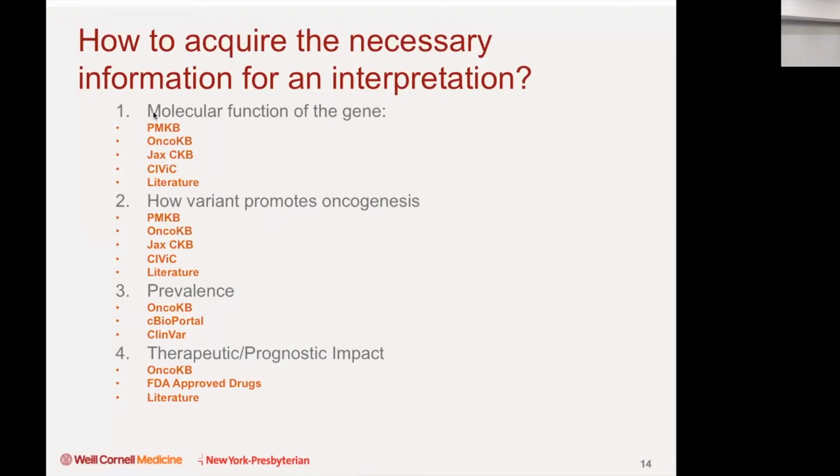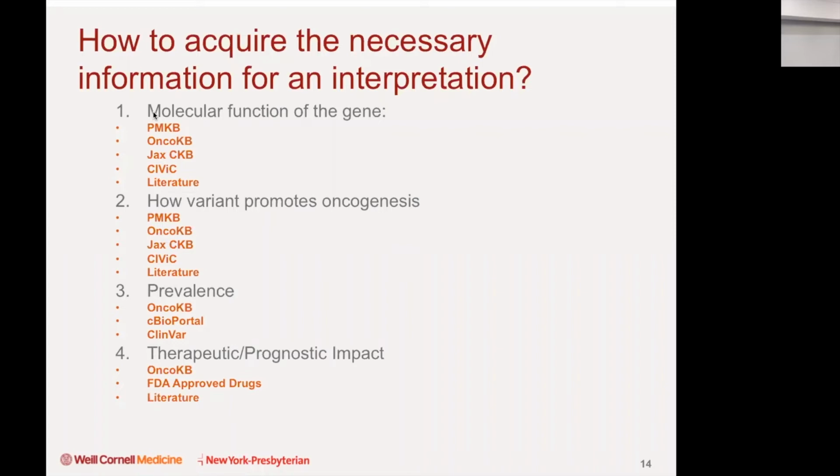For prevalence, I find cBioPortal to be the most convenient database to look. I think it would be good if in your tutorial we have a session on how to get information from cBioPortal, but you could, is it in there? Yeah.